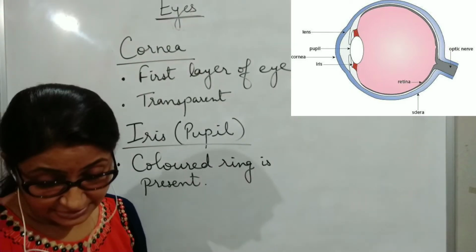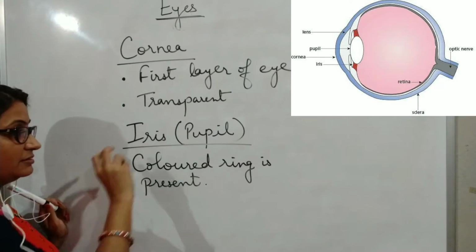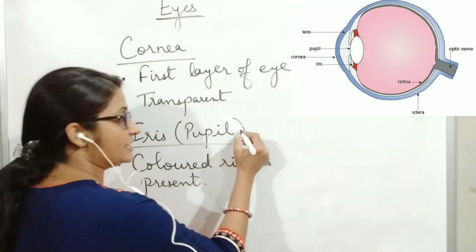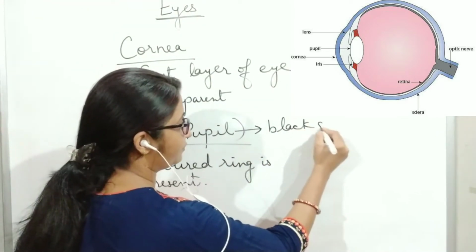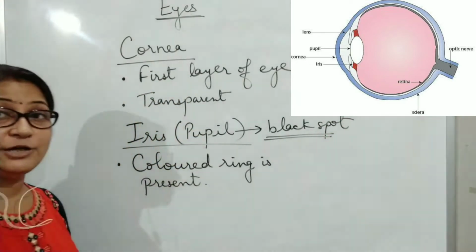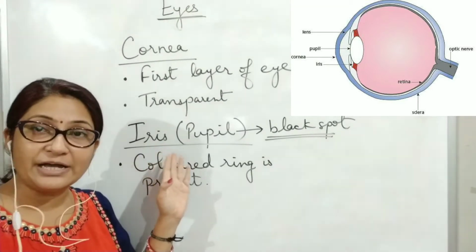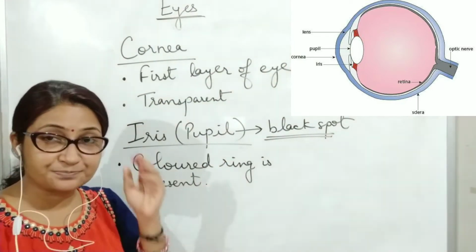Then further, inside this iris, as I told you, there is a pupil which is basically a black kind of spot. It is present in this layer only, which is the iris.